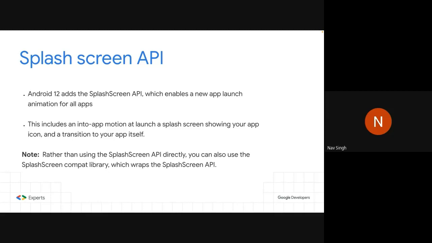As I told you, Android 12 adds the splash screen APIs. It enables a new app launch animation for all applications, and it includes an into-app motion at launch, showing your application icon and then transitioning from the splash screen to your app itself.